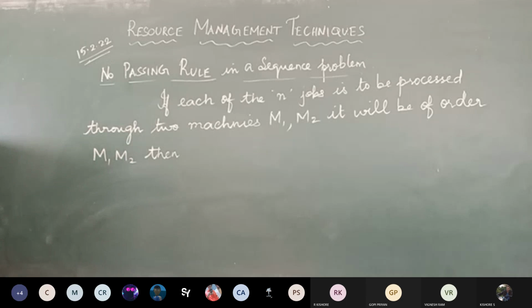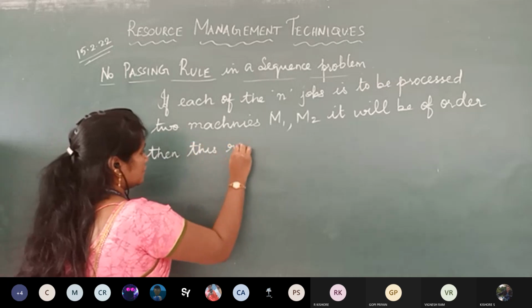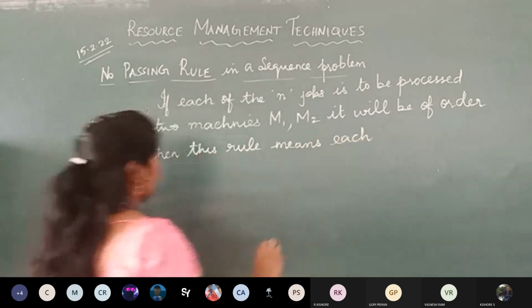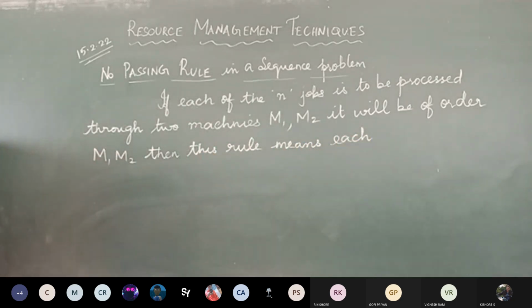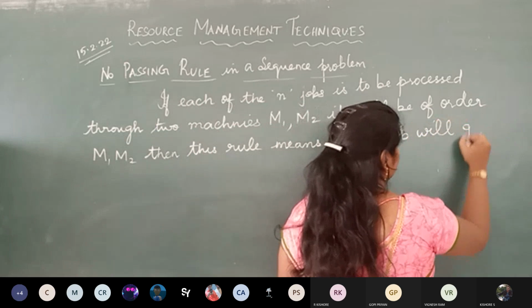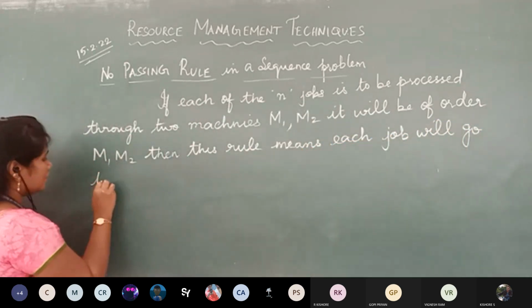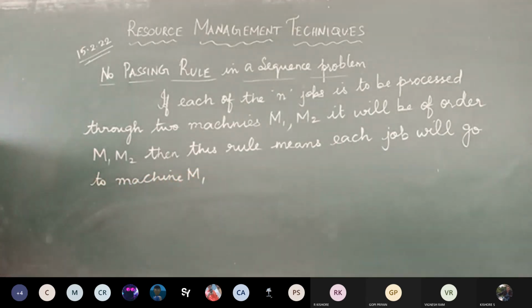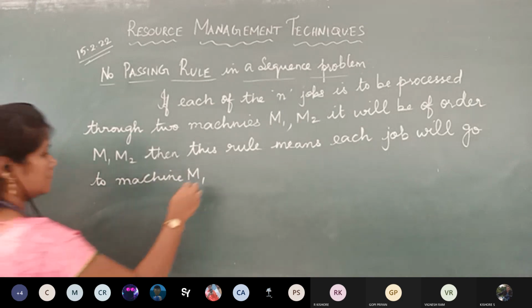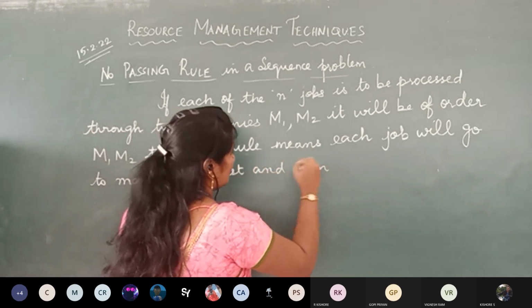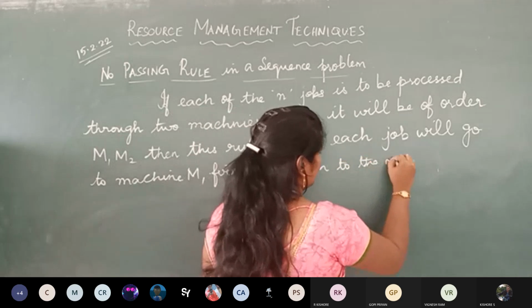Then this rule means each job will go to machine M1 first and then to the machine M2.